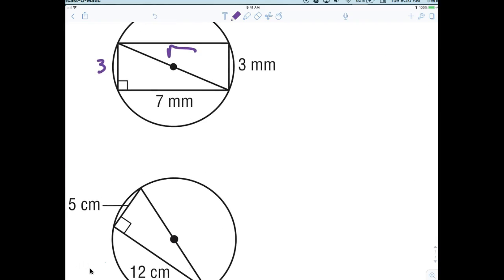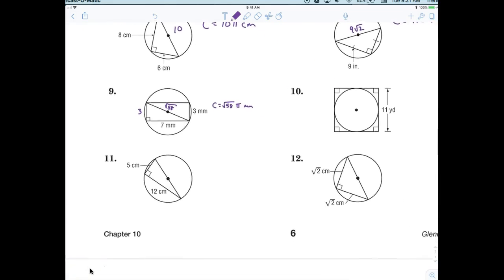Beautiful. And that doesn't really break down because 58 is 2 and 29. So the circumference is the square root of 58 pi. It doesn't matter where you put it.